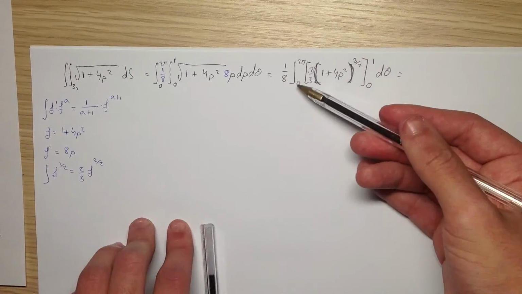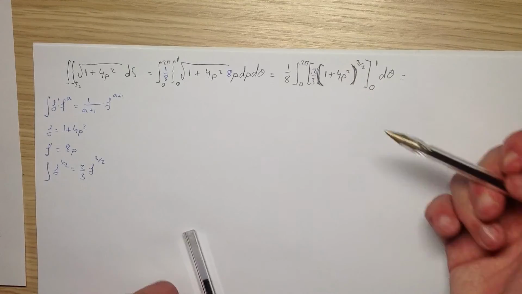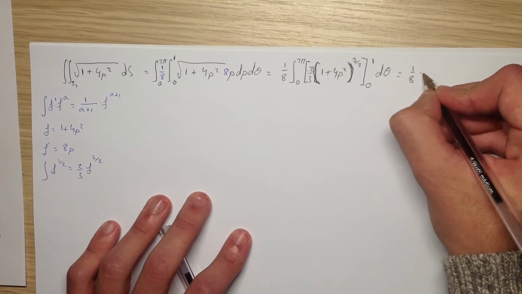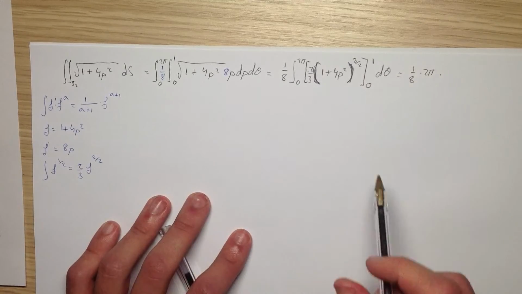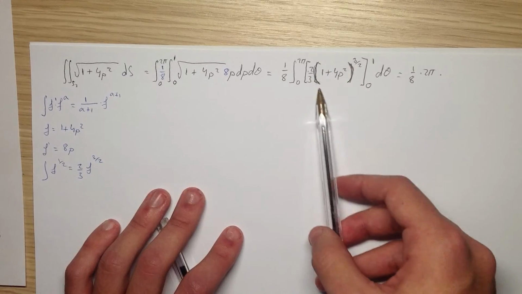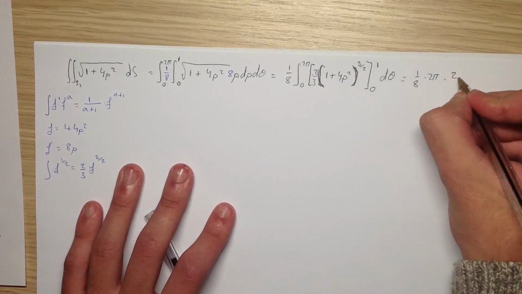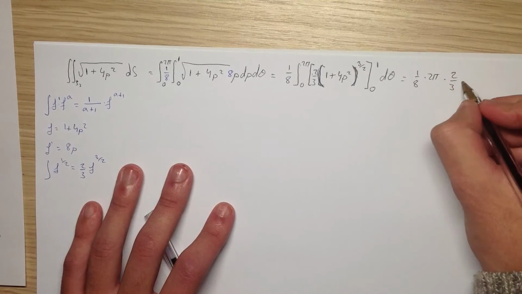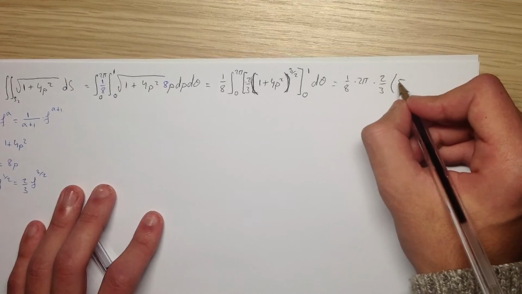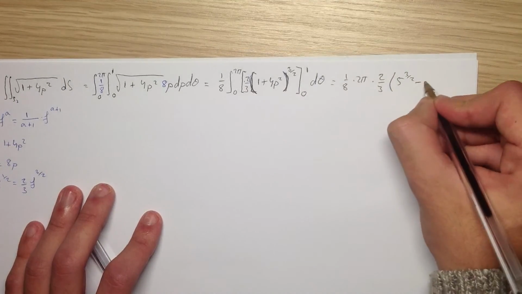Of course we can integrate this whenever we want, as it's completely independent of this part. So it will be 1/8 times 2 pi times, we need to substitute 1 and 0 into all of this. This will make 2/3 times 5 to the power of 3/2 and 0, so minus 1.